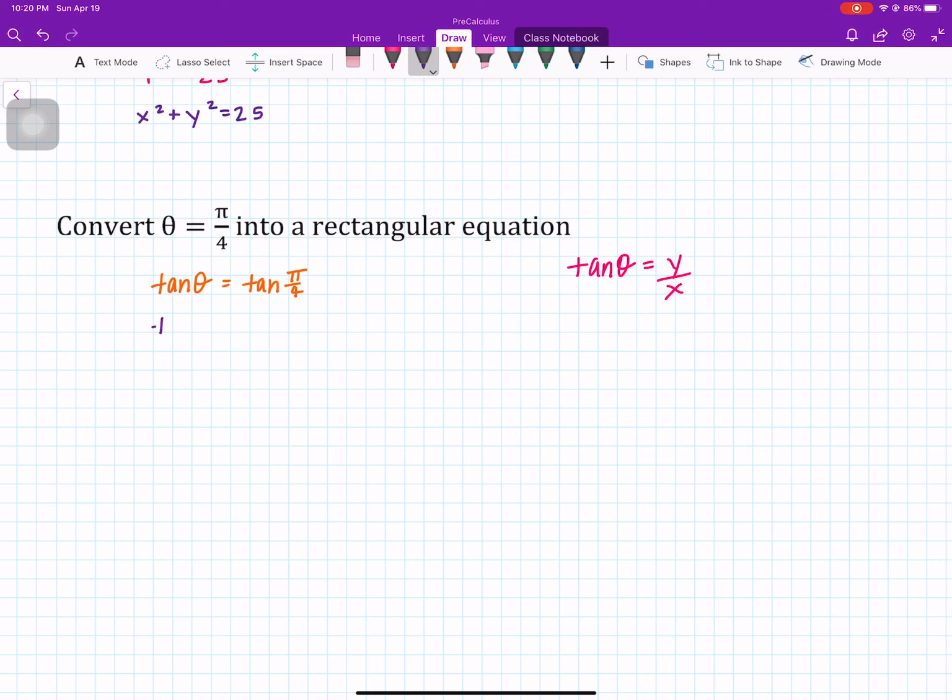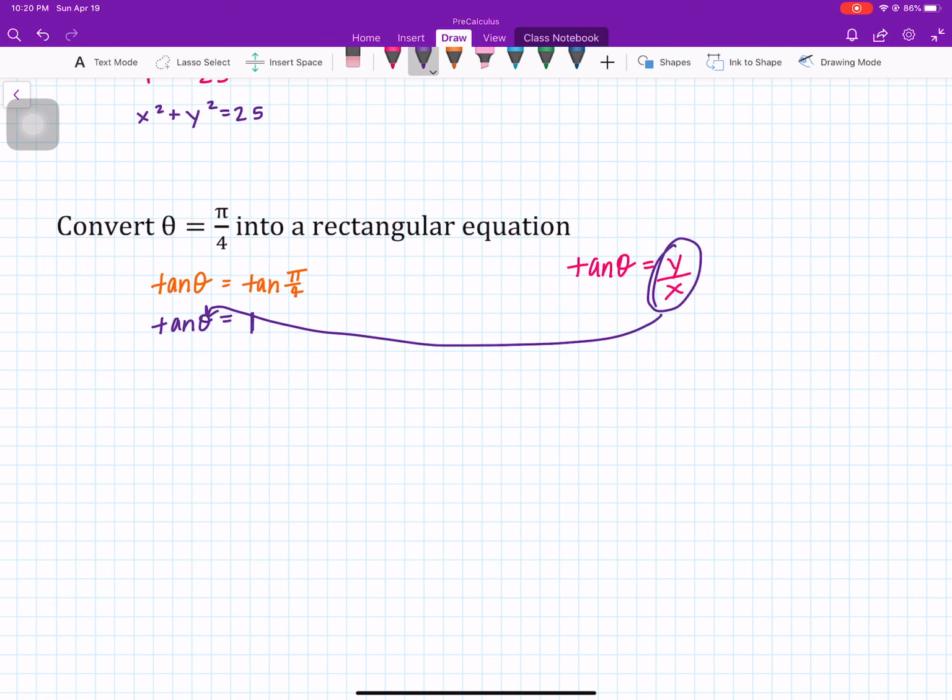This time the tangent of theta is just going to say tangent. The tangent of pi over 4, or the tangent of 45, hopefully you remember that, is 1. So now you might think to yourself, why was this even helpful? Now I have a tangent of theta, but remember, tangent of theta is y over x.